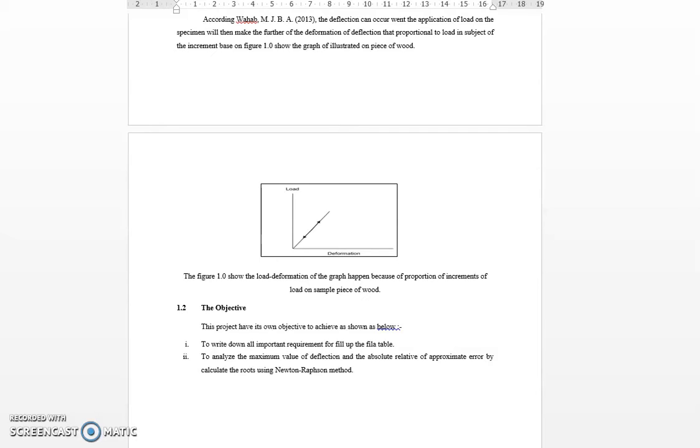The objective of this project is to write down all important requirements or fill up the table. Second is to analyze the maximum value and absolute relative approximate error by calculating the root using the Newton-Raphson method.